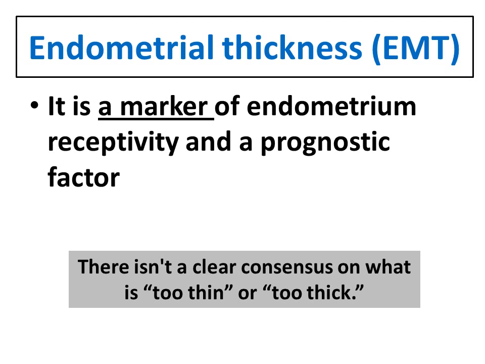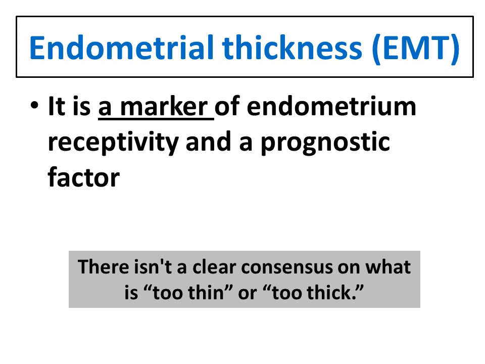So what is the relationship of the endometrial thickness with the receptivity? The endometrial thickness is not synonymous with receptivity. It is just a marker of endometrial receptivity and a prognostic factor, which means that we don't have to rely on endometrial thickness in 100% of cases. We can use endometrial thickness as an indicator of endometrial receptivity and a prognostic factor.